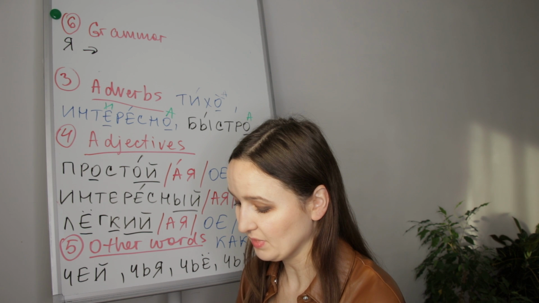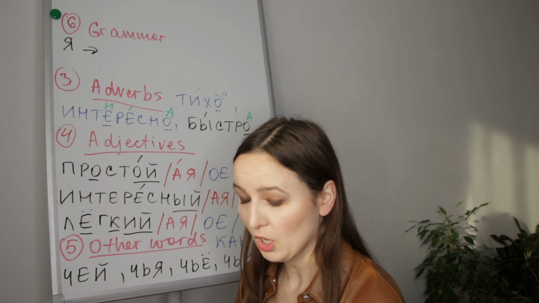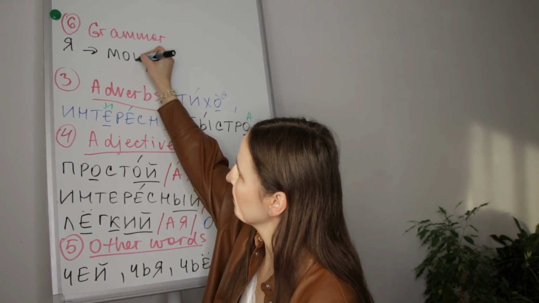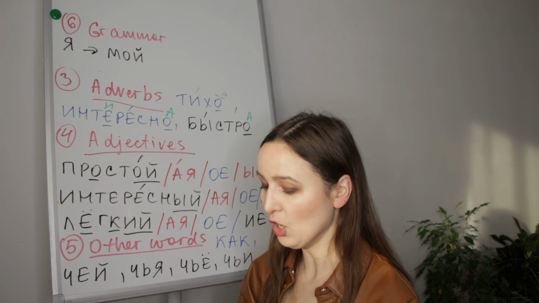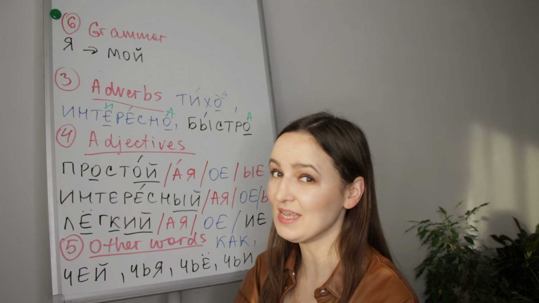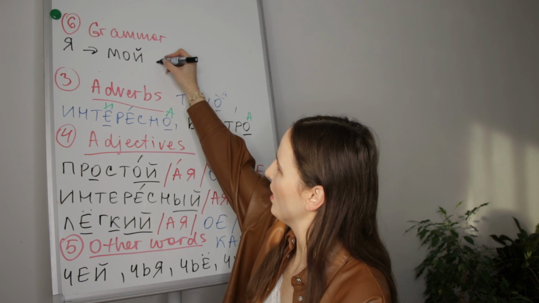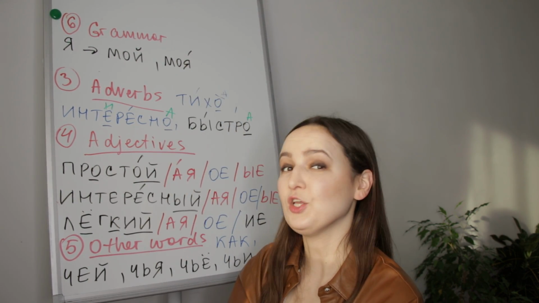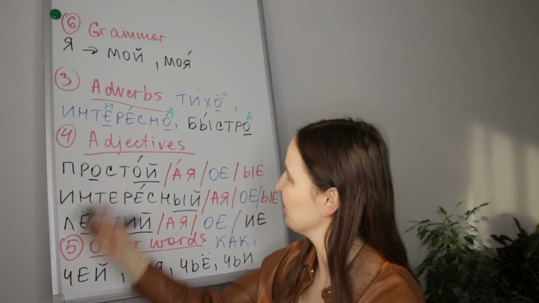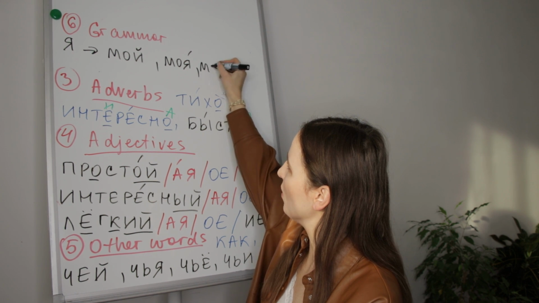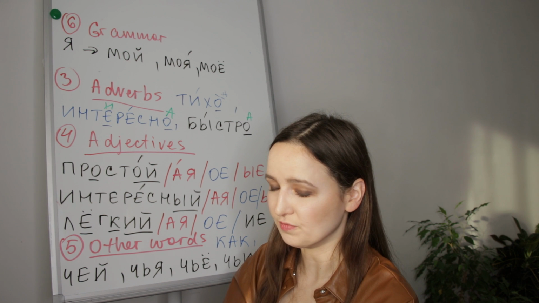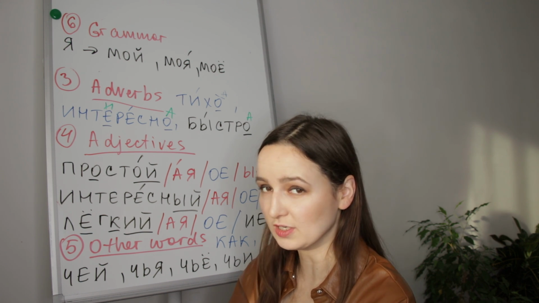Итак, я. Let's begin with the masculine. Я мой. Мой. My in masculine. Моя. My in feminine. Моё. My in neuter, when it is followed by a neuter noun.